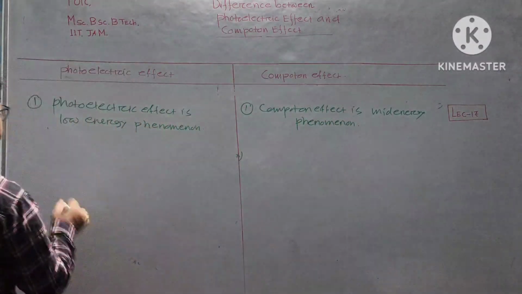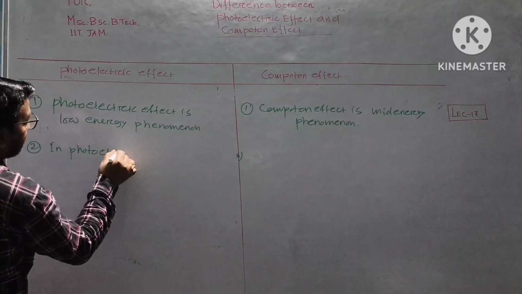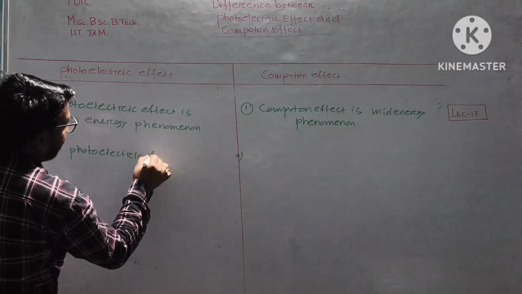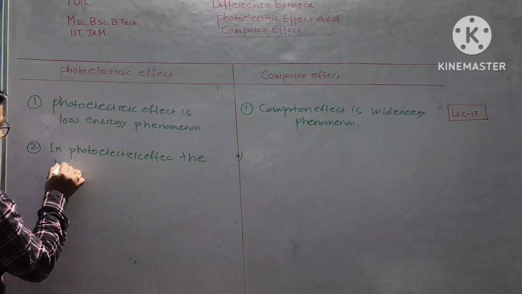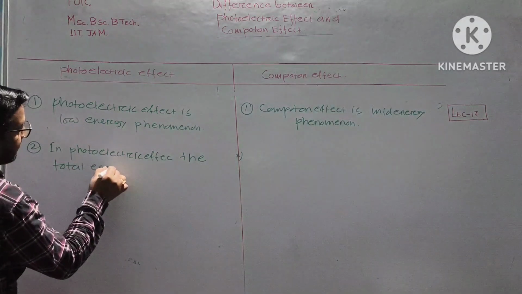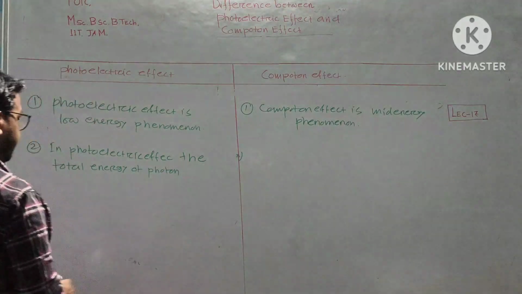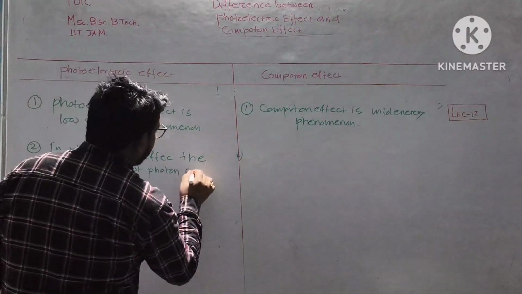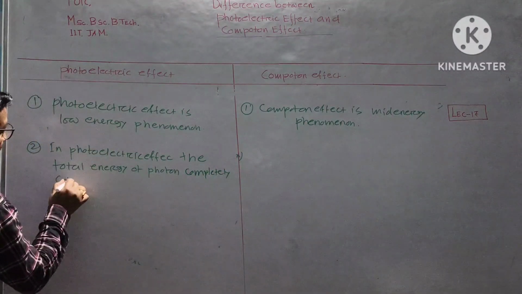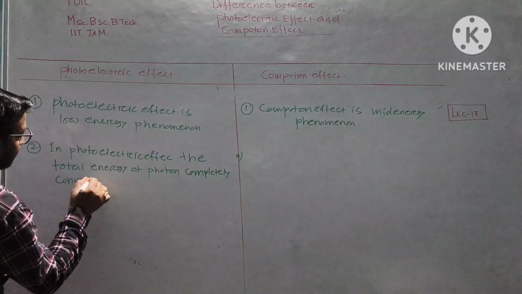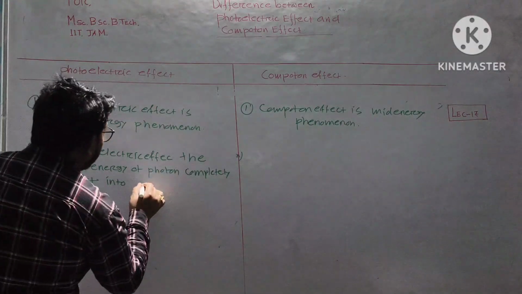Number two difference: in the photoelectric effect, the total energy of the photon is completely converted into the electron.